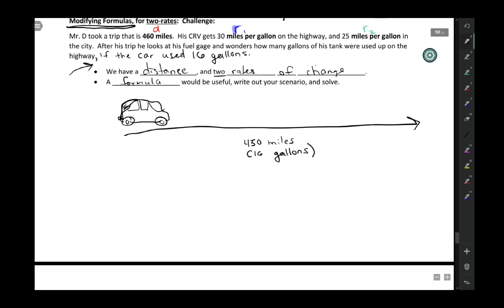Alrighty. So let's say I leave, and I live in Lebanon, so I'm going to leave the city. My city mileage is 25 miles per gallon. That's what I get in the city. So this is my distance in the city, and I'm getting 25 miles per gallon.